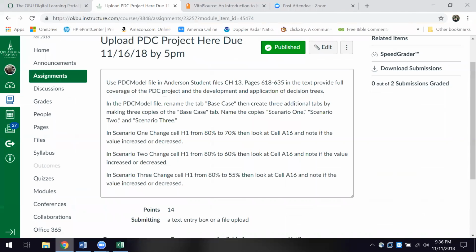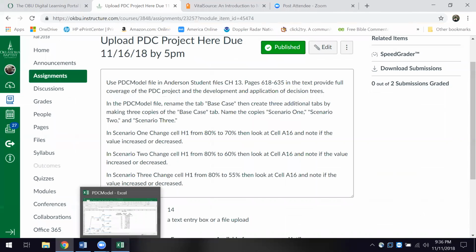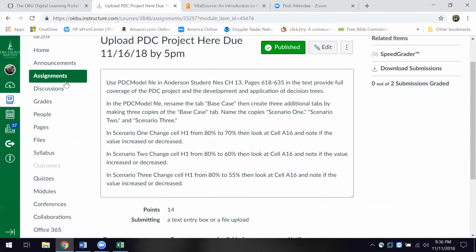And this is the reason that I provided you the PowerPoint, because it's going to give you a very nice, succinct overview of the PDC project. Now, chapter 13, pages 618 to 635, provide the whole thing.